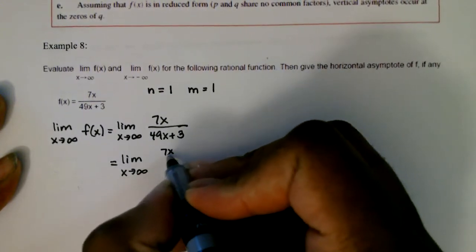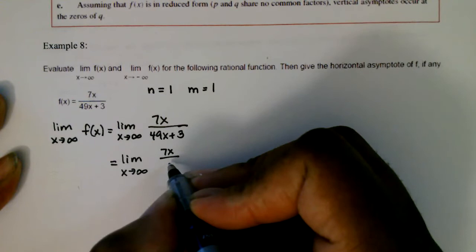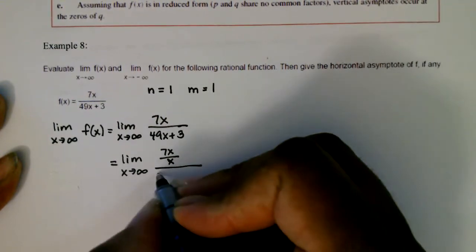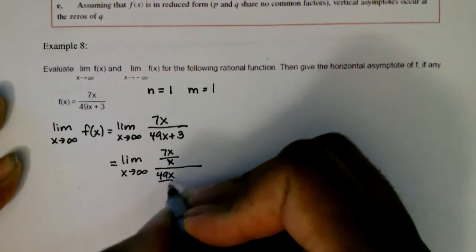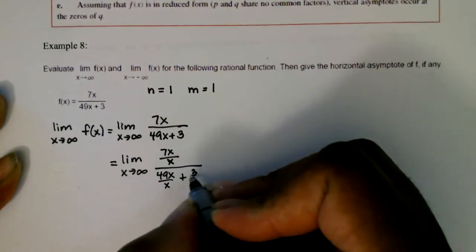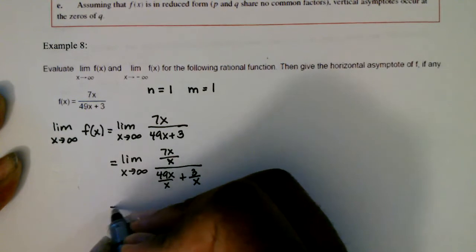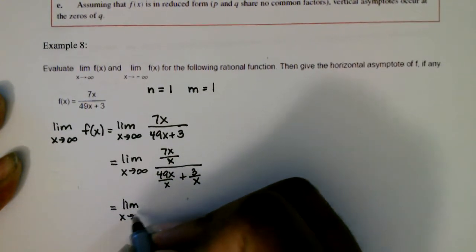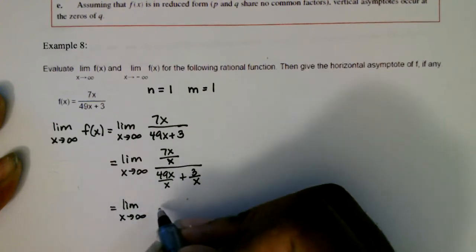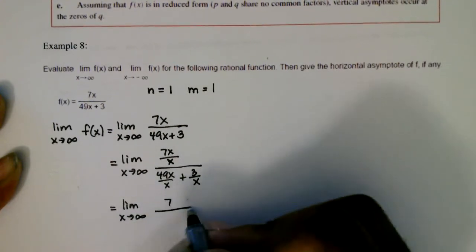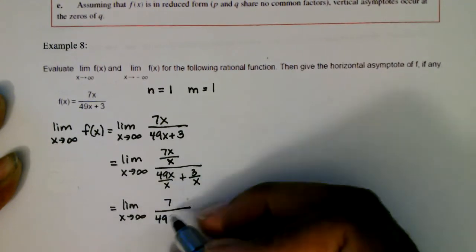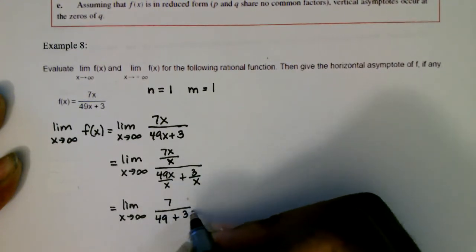So this is 7x over x. The denominator 49x divided by x plus 3 over x. And then 7x divided by x, that's 7 over 49, because the x is divided out, then plus 3 over x.